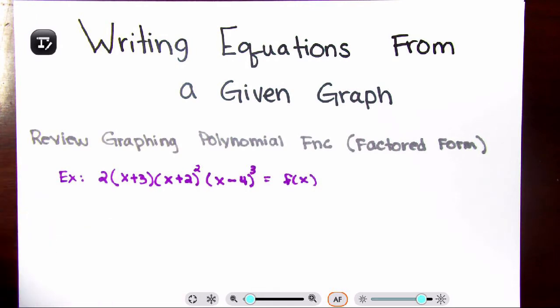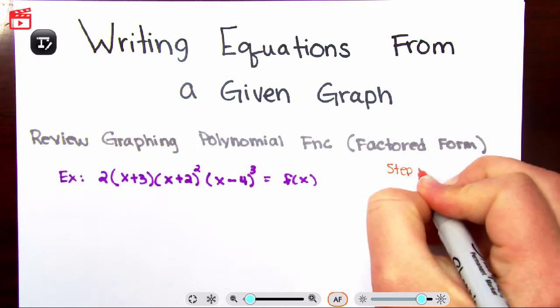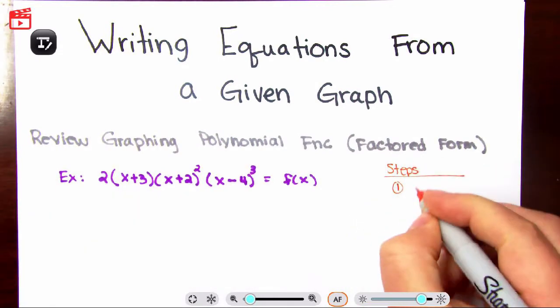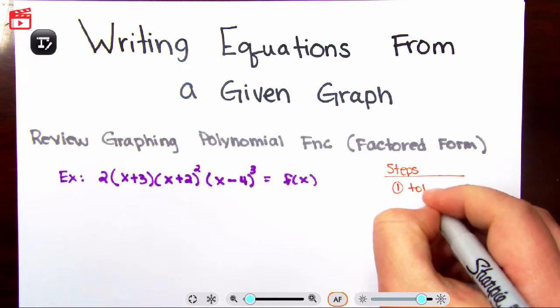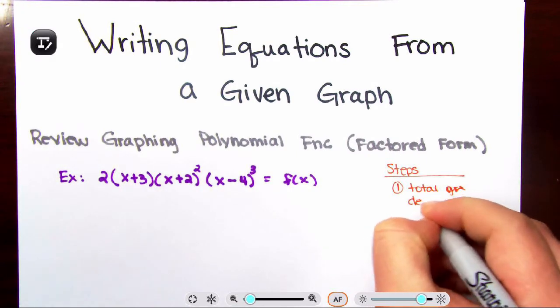I'm also going to give you steps because I feel that with them, it makes a little bit more sense. Step number 1, you want to identify the total degree of the function.